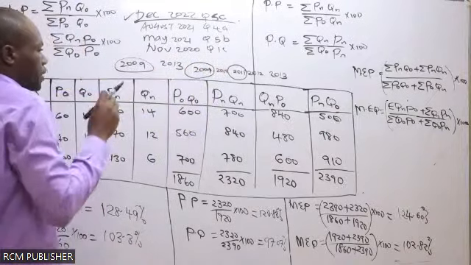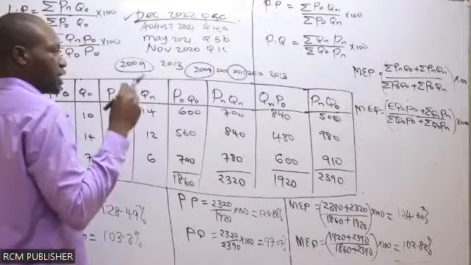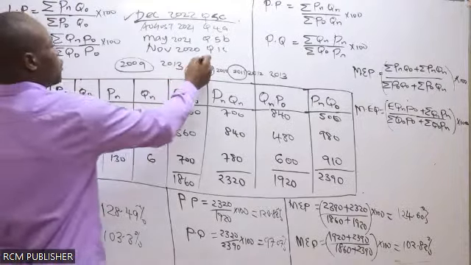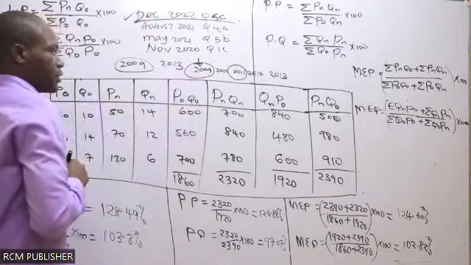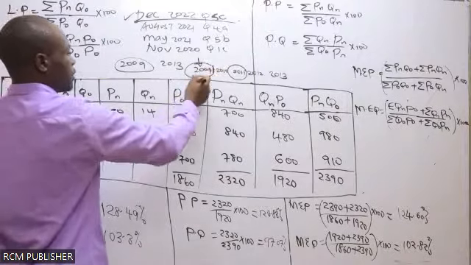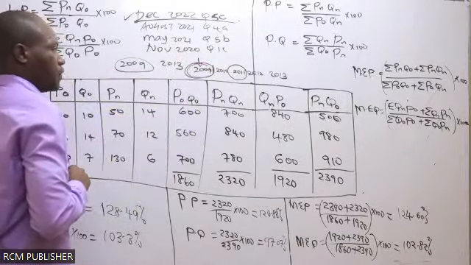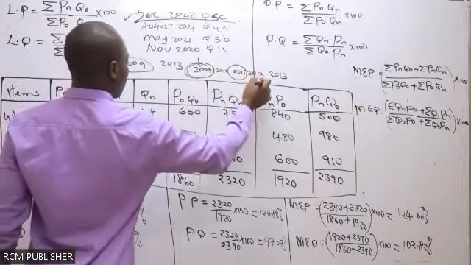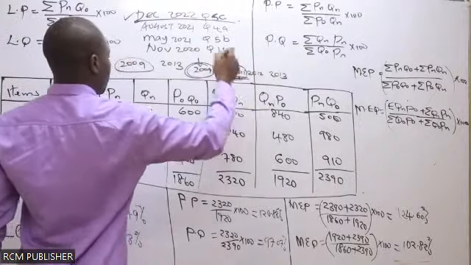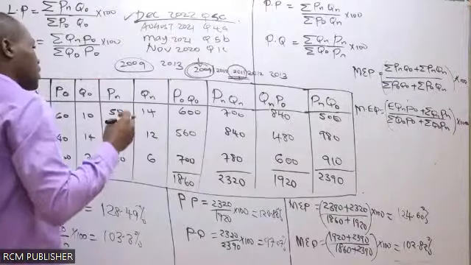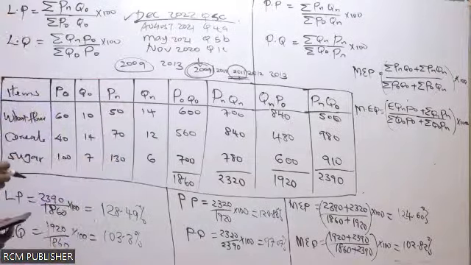No, the examiner will tell you the base year. If they don't tell you, then you are free to take the oldest. But if they tell you to take 2011 as the base year, then that's what I will use, not my own.